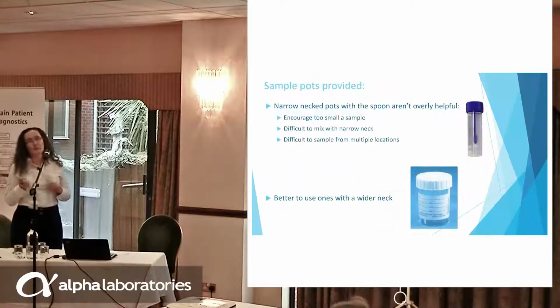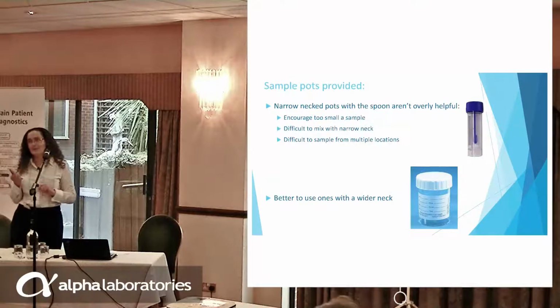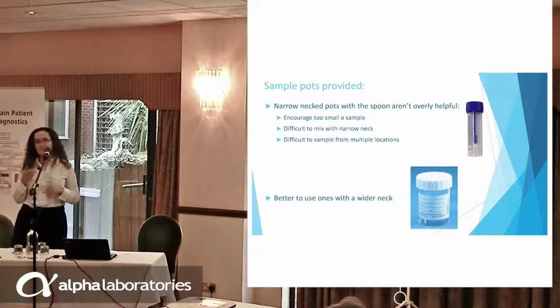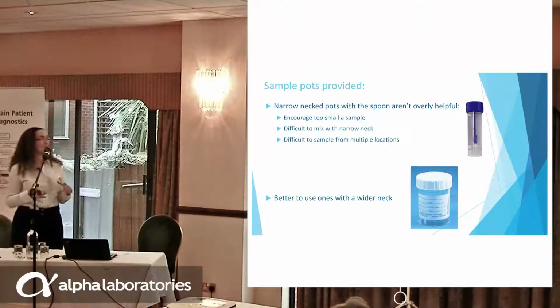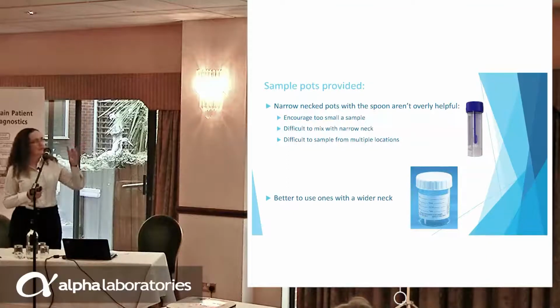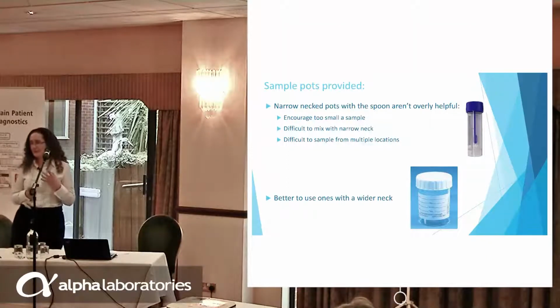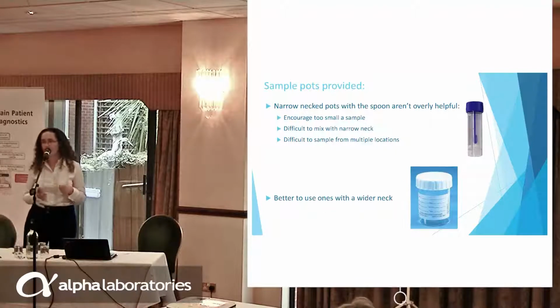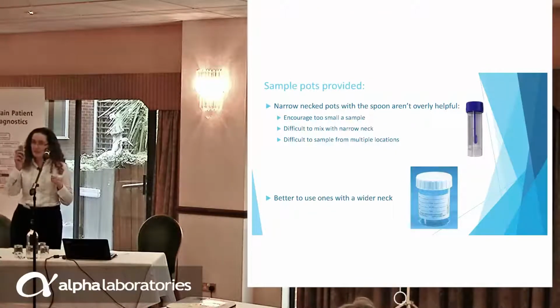I think some of the problems that come with doing calprotectin in the laboratories is the pots that are provided. And I think the tall, narrow neck pots with the spoons are not necessarily overly helpful. You might think, okay, the spoon's there to help put it in, but it does encourage the patients to give you that tiny little tip off the end of the spoon, and that's all that you've got.